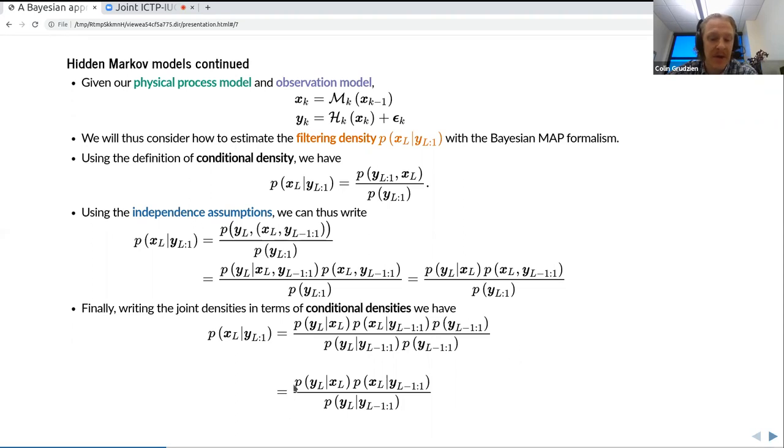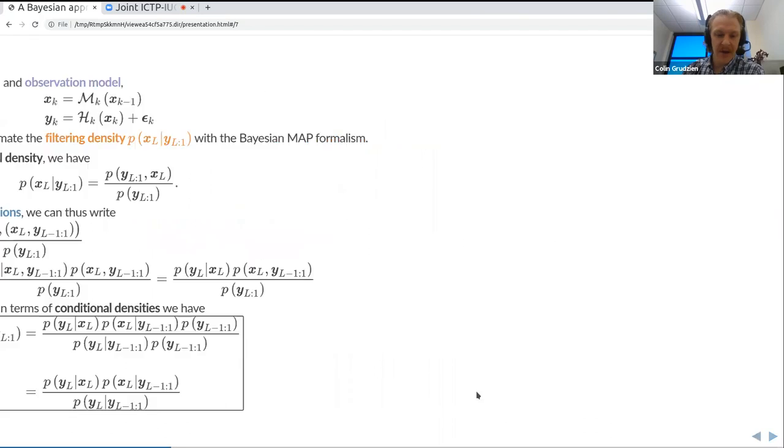Canceling these terms, we have this form right here that we want to study. That is, where we have a likelihood of the observed data and a forecast prior for the model and this denominator term, which is just a nuisance term.